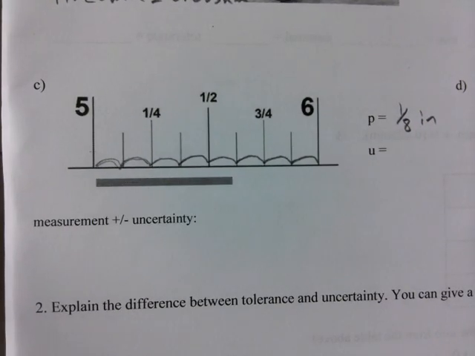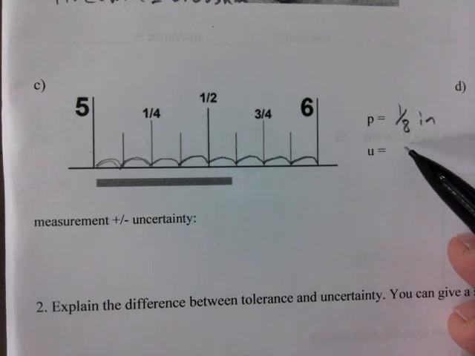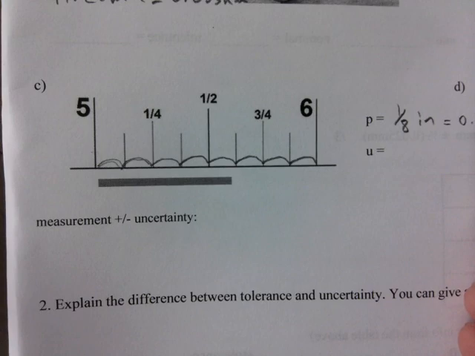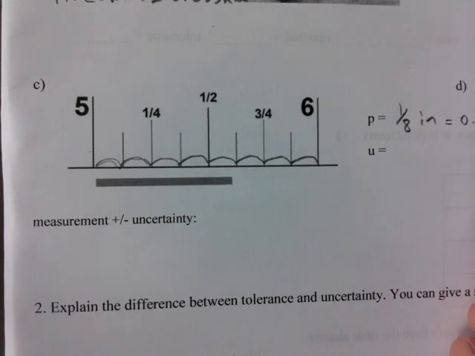Smallest possible. This thing is limited to the nearest 1/8 of an inch. You're going to have to round, right? You divide that by 2. 1/8 of an inch. You can state it as a decimal. So 1 divided by 8 is 0.125 of an inch, and then you split that in half if you want.